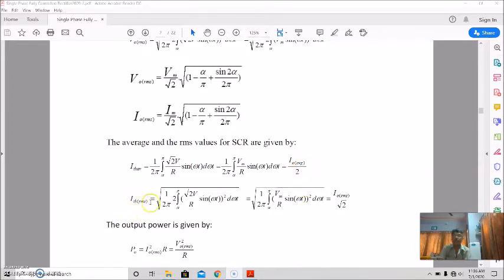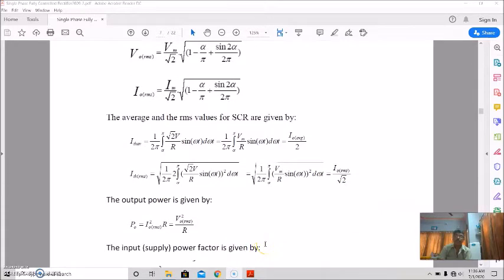And the thyristor's RMS value will be the square root of 1 by 2 pi integration over alpha to pi of root 2 V by R sin omega t squared d omega t, and that also comes to the RMS value of the output current divided by root 2.